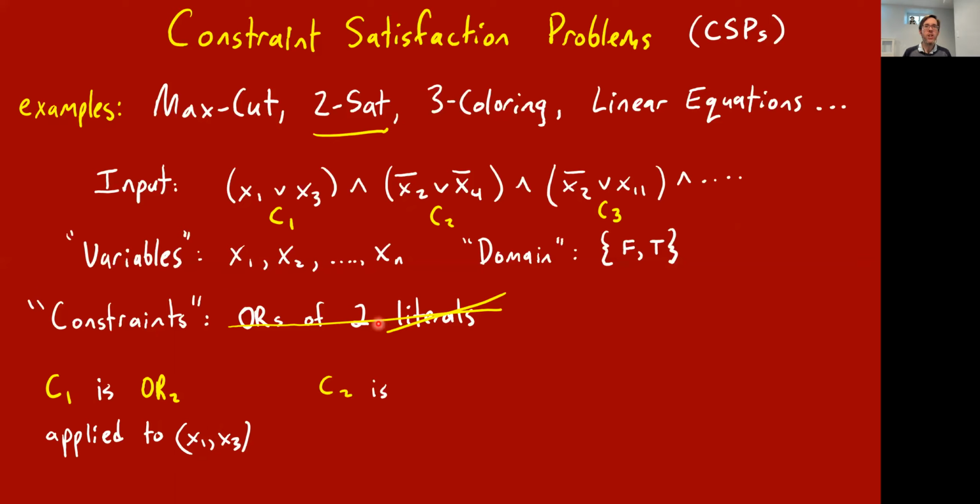What about C2? I want to claim that C2 is also some predicate or relation, or little function, applied to variables x2 and x4, but I don't want to mention literals. So does anybody know what predicate is constraining x2 and x4 here? You can type it into the chat.